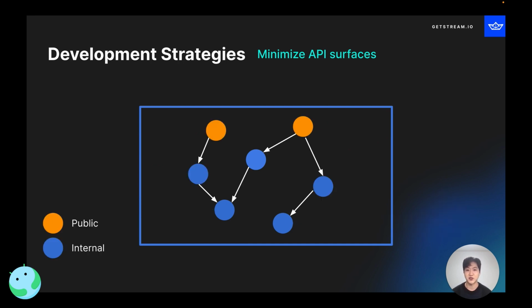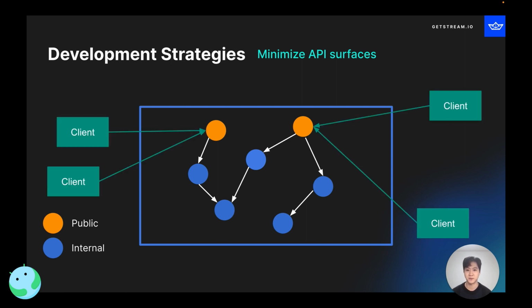And let's assume again, only the orange ones are exposed to the outside, and the blue ones are not allowed to be accessed from outside. Because we restricted the API accessibilities, clients can only access and depend on the orange ones.